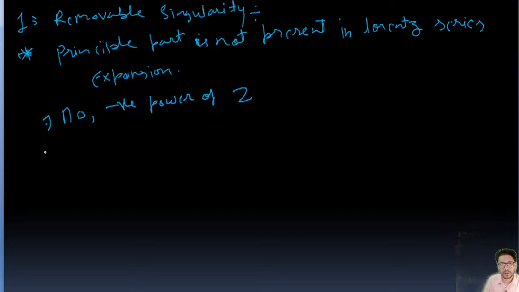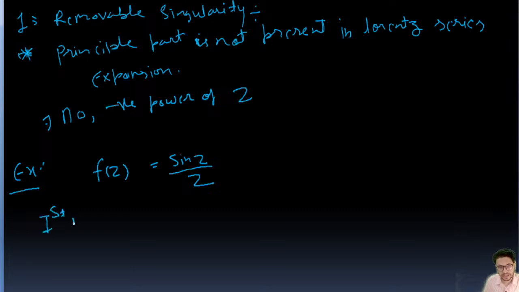I will solve one question, then it will clear your doubt. The question is, as an example, f(z) equal to sin z upon z. There are three methods which I'm going to use. I will solve it by the first method.